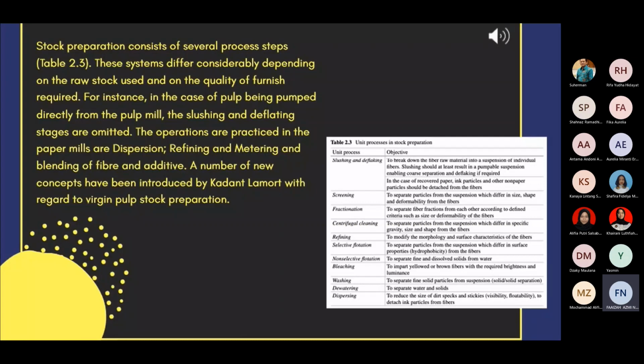For instance, in case of pulp being pumped direct from the pulp mill, the dissolution and deflaking stages are omitted. The operations practiced are mass deaeration, refining of material, and blending of fiber and additives. A number of new concepts have been introduced by Kadant Lamort with regard to virgin pulp stock preparation.